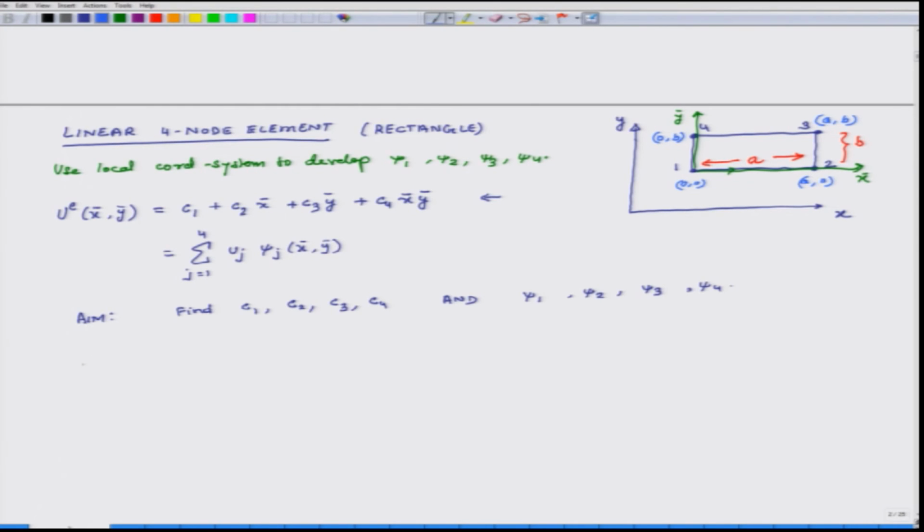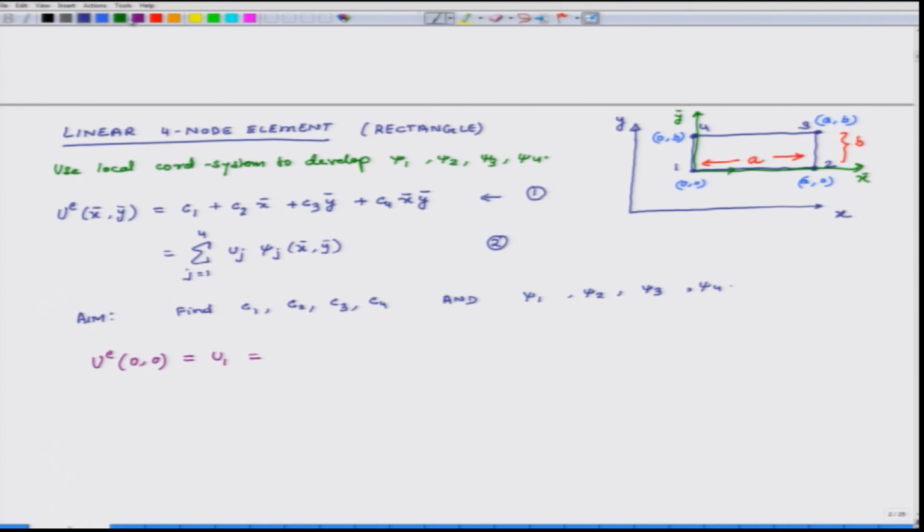So, we write down expressions for UE at 0, 0. The value of this field variable UE will be U1, because the contribution from all other nodes at the first node will be 0. Let us call this equation 1 and let us call this equation 2.